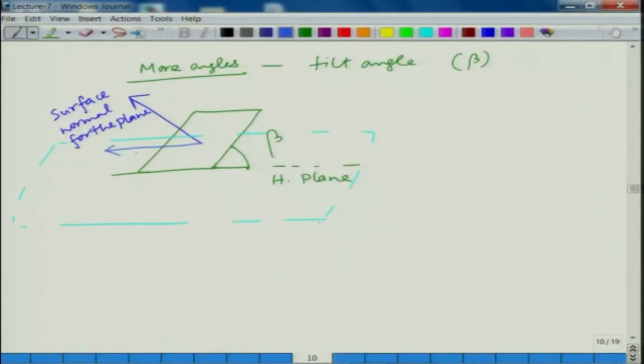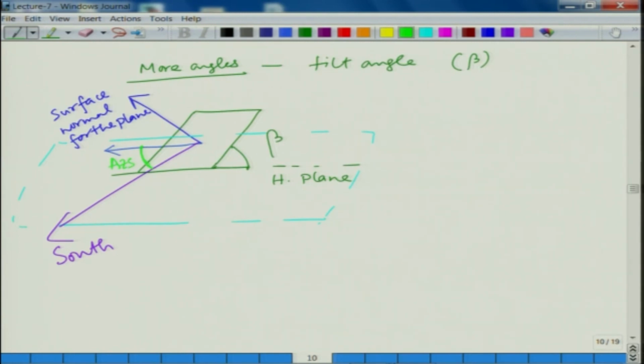So, if in the horizontal plane this is the southern direction, south, what angle does this thing make? The projection of the surface normal on the horizontal plane, what angle it makes with the south direction, that is called AZS.